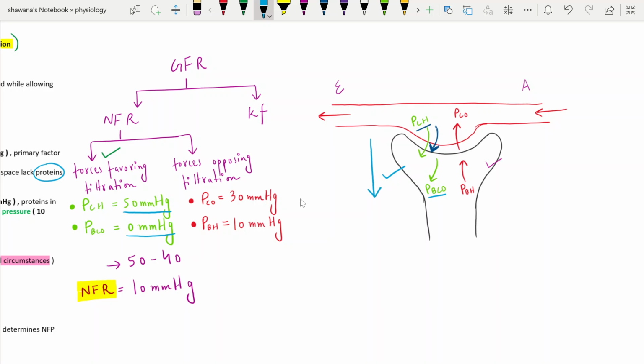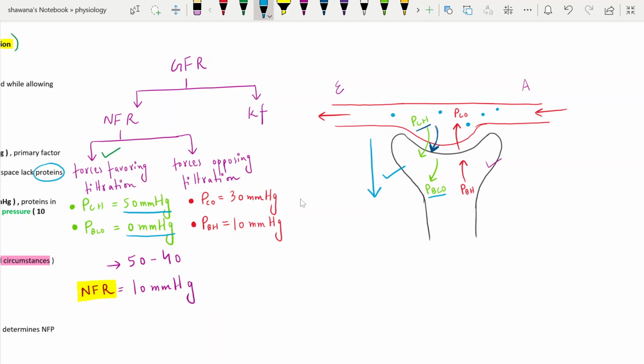Okay. There are also forces that oppose the filtration. What are those forces? The proteins present in the plasma, and also present in the afferent and efferent arterioles, exert oncotic pressure in the capillaries. It is known as the capillary colloid osmotic pressure or capillary oncotic pressure due to the plasma proteins, and they have a pulling effect.